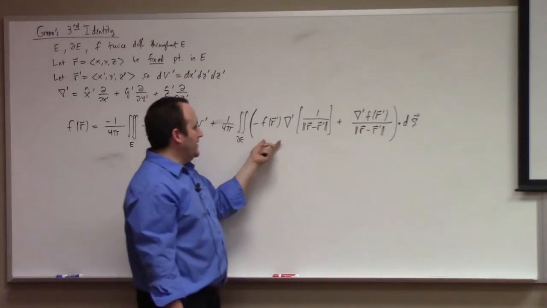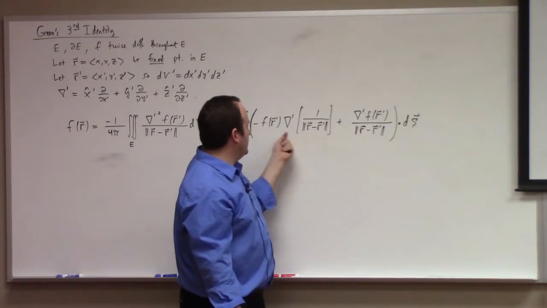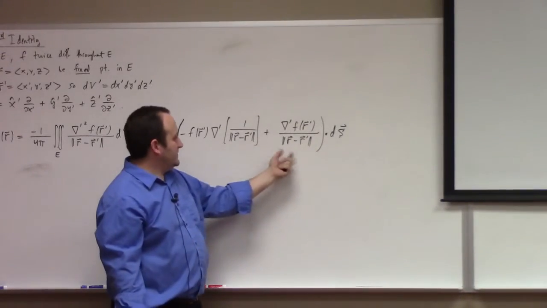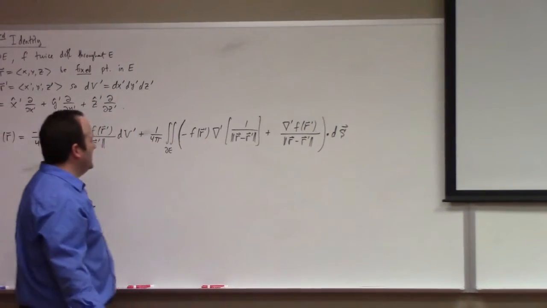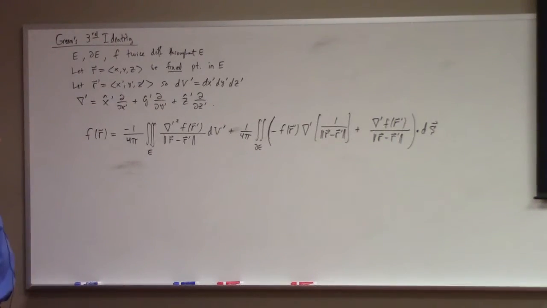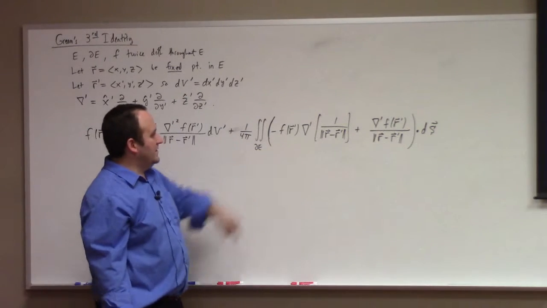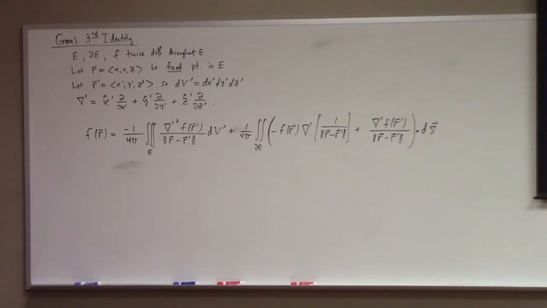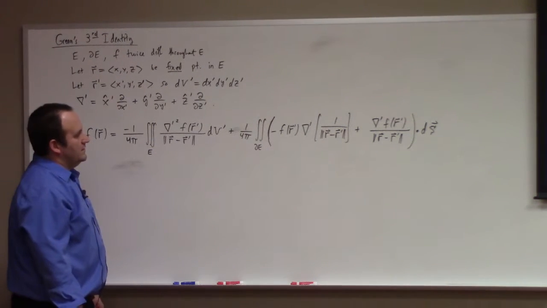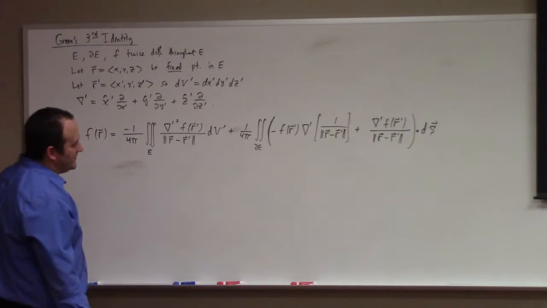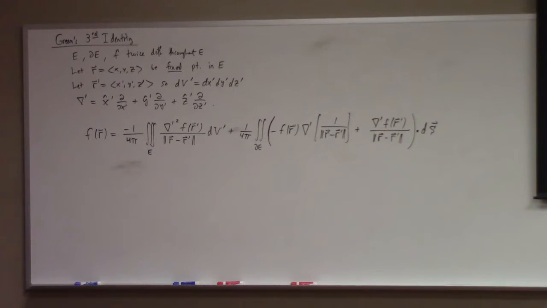And then over here, you're taking the surface integral. Although there's an f over here too. I guess it's not an entirely explicit formula. There's still an f, but anyway, it's just a very, very intriguing formula.